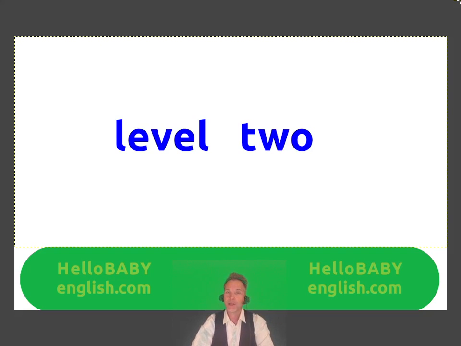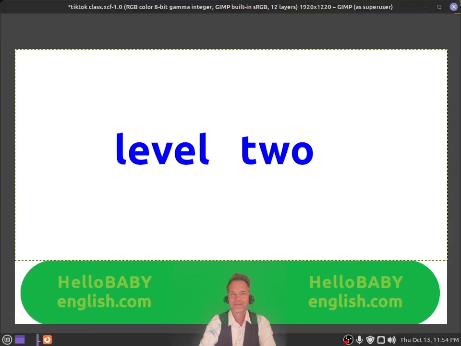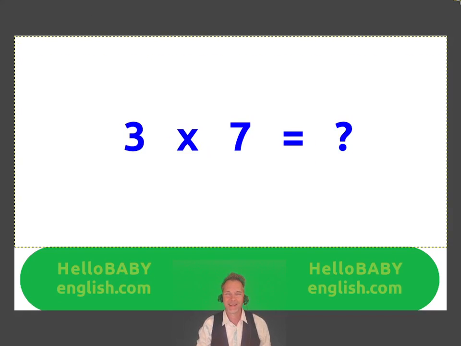Now we finished level 1. It's time for level 2. These are more difficult. Three times 7 equals 21.